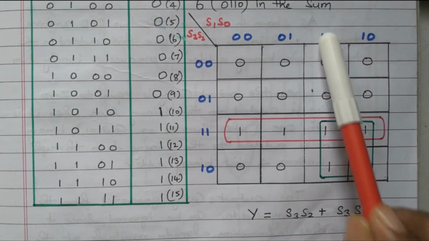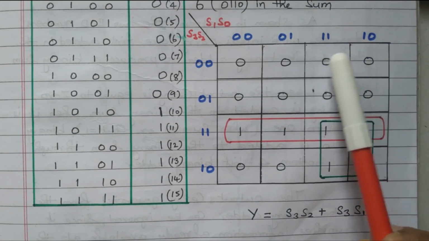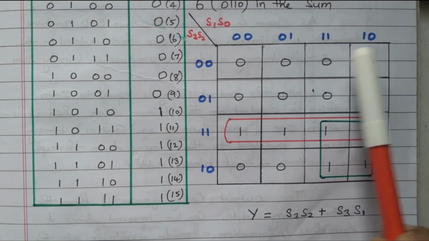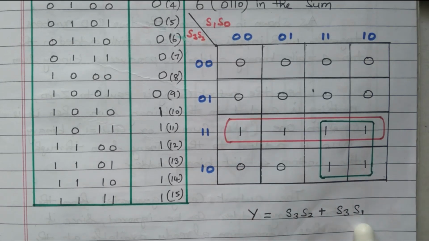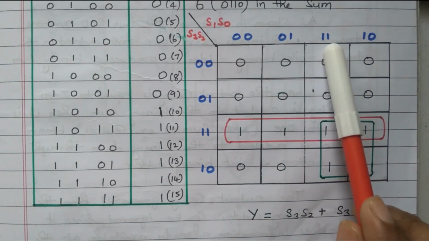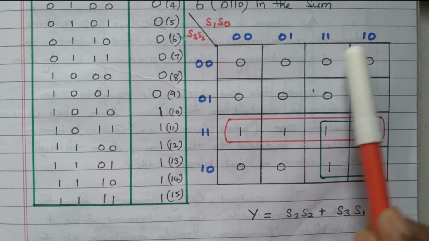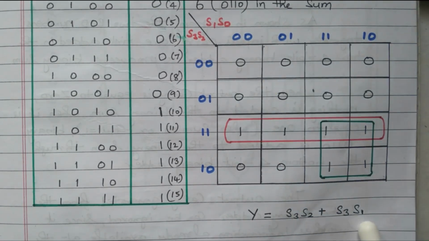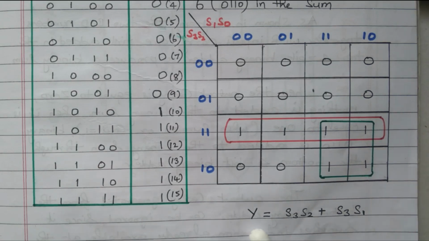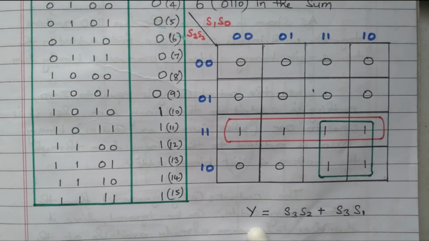Similarly, we refer to the third column and fourth column: 1, 1, 1, 0, right. The first one is available. What is the first one? S1. So S1 is there. In the second term, 1 and 0 got cancelled, so S0 got cancelled, right. So what we have is S3, S1.